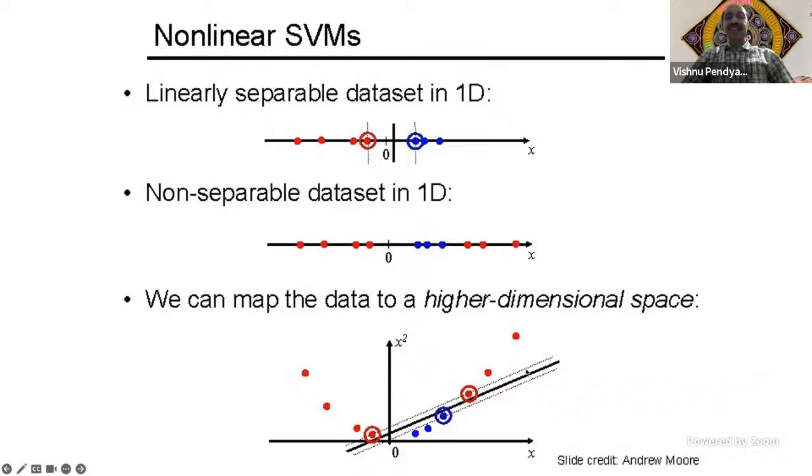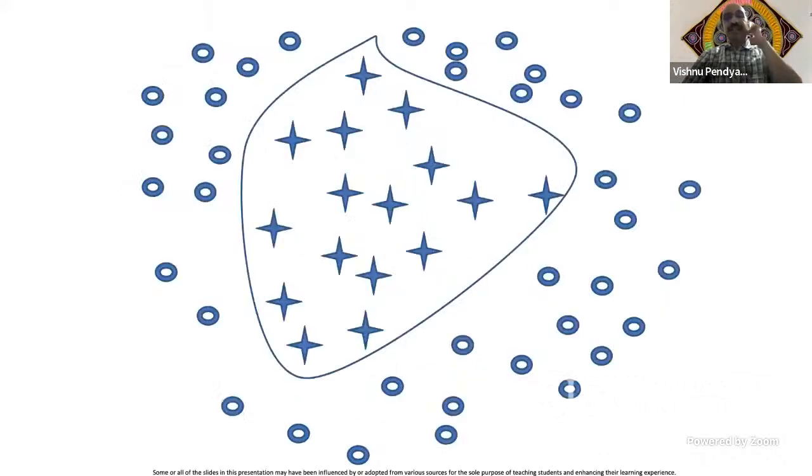That is essentially the idea in nonlinear support vector machines. This is the case when the data is completely nonlinear, not slightly nonlinear. If it is slightly nonlinear, we can tolerate some slack and use the zeta i's. But if it is completely nonlinear, we use these kinds of transformations.